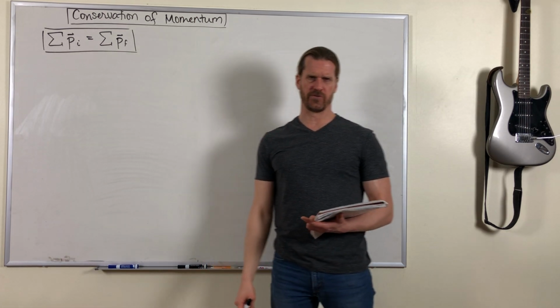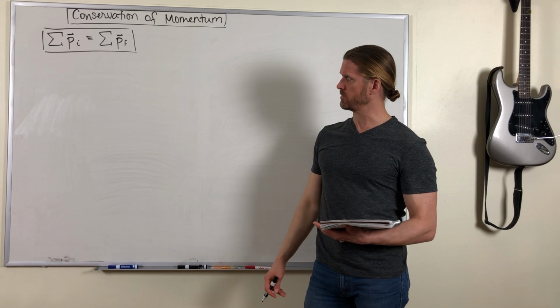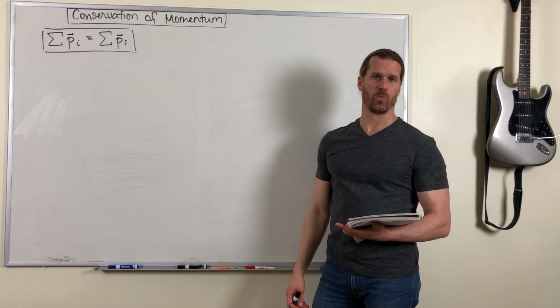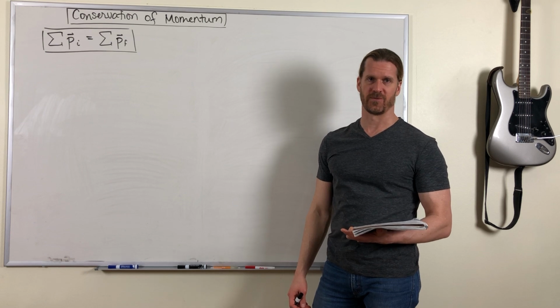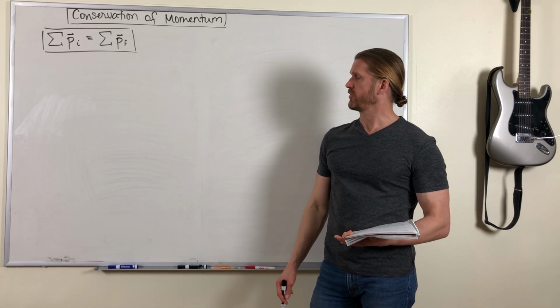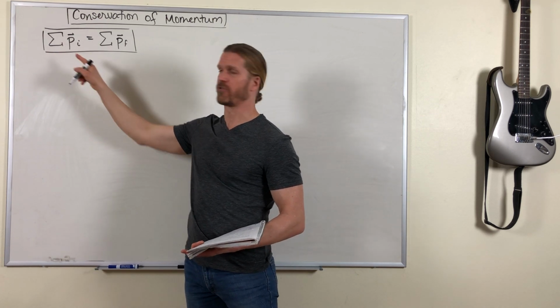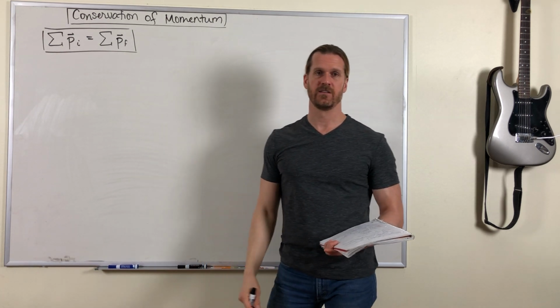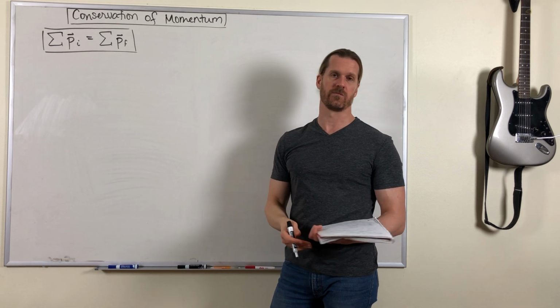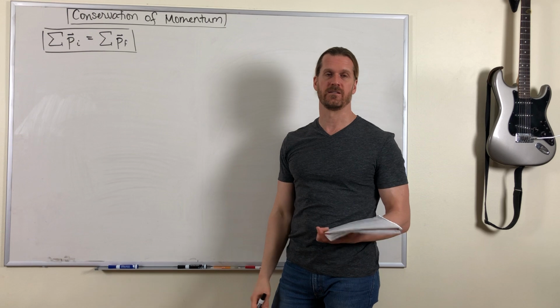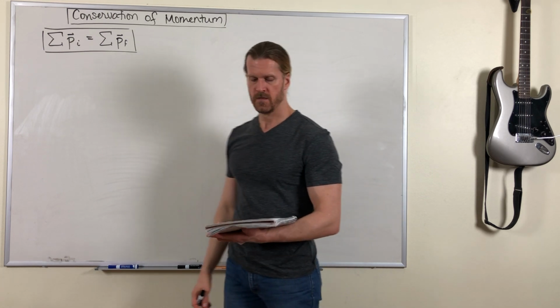In most of the problems we do in Physics 6, there's just going to be 2 or even 1 objects that make up the system. So it'll usually just be like 2 terms in the beginning and 2 terms at the end. But in principle, this works for systems with lots of objects, many objects or particles or something.